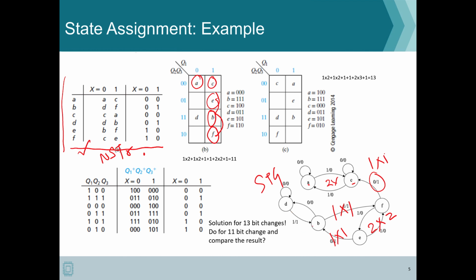And then we have B and D, which is close to each other. So we can have 2 times 1 again for the 2 arrows, and then we have 1. When we add these things up, you can see that we have 11 jumps, or 11 bit changes for the code assignments.